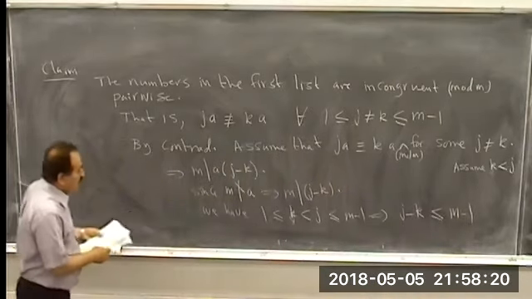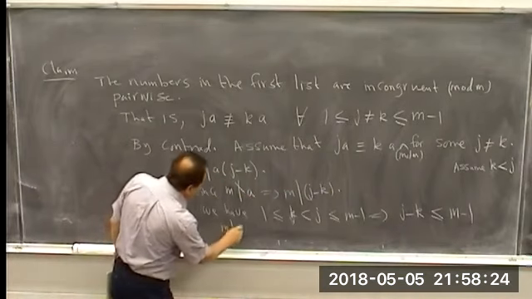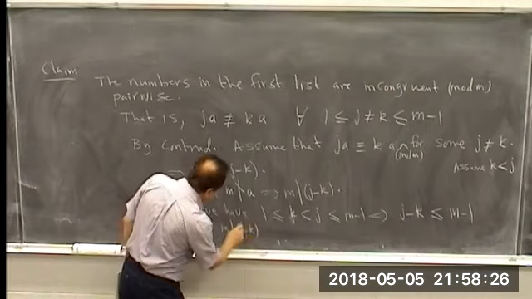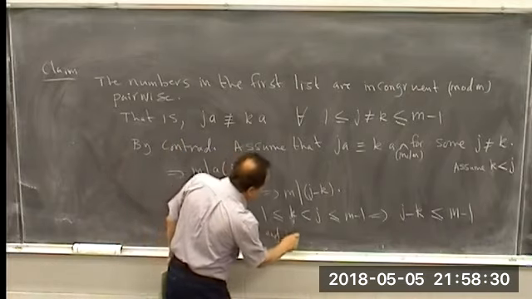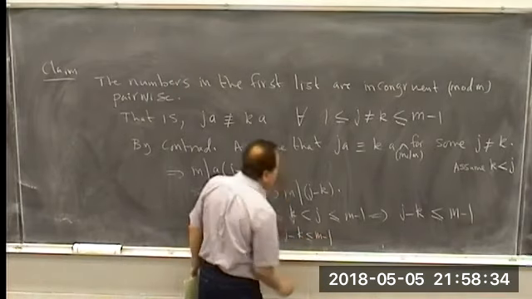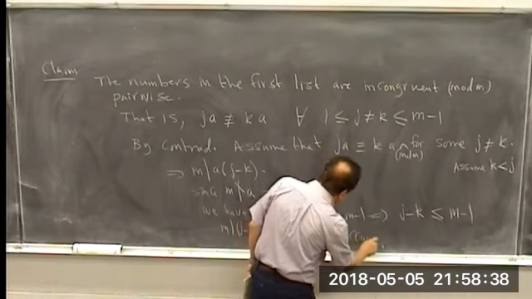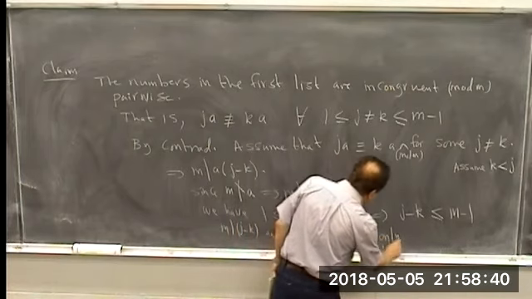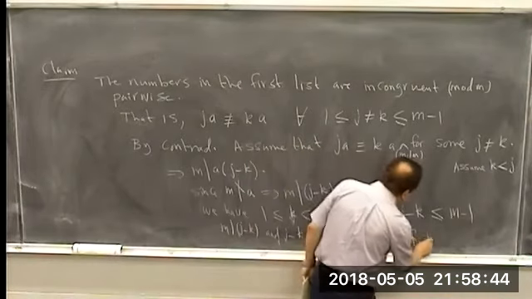All right, and now m divides j minus k, and j minus k is less than or equal to m minus 1. This can occur only if j minus k is equal to 0.